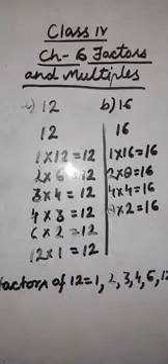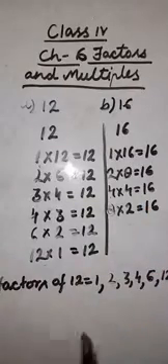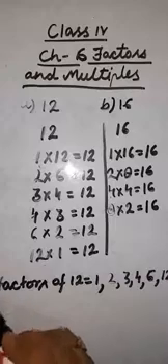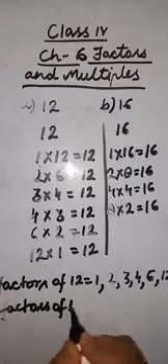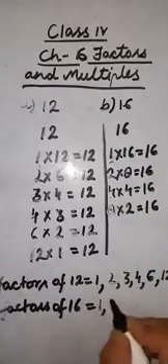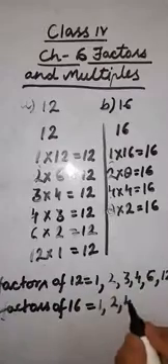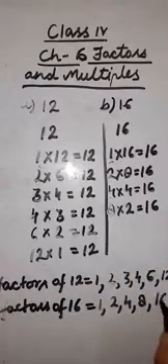Okay? We will not repeat it because we have already written here 16. Now the factors of 16. Factors of 16 is equal to 1, 2, 4, 8 and 16 itself.